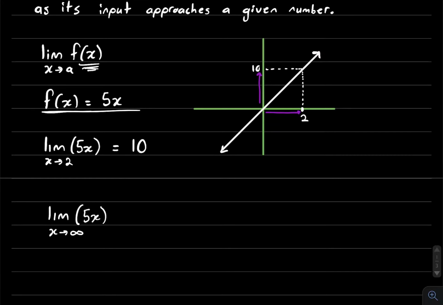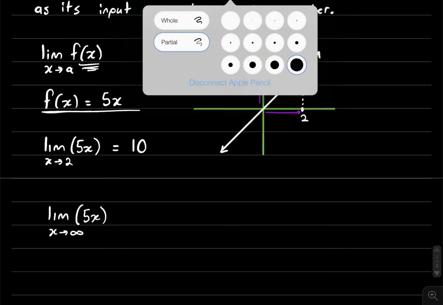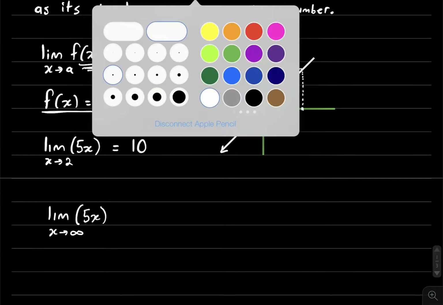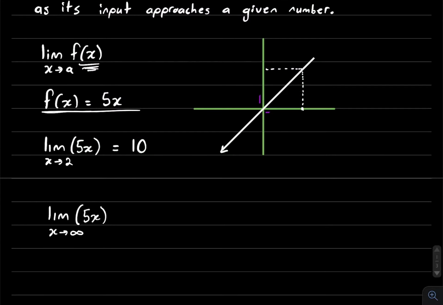All right, so let's refer back to our diagram here. Basically what they're saying is, as x goes to infinity, what does 5x approach?